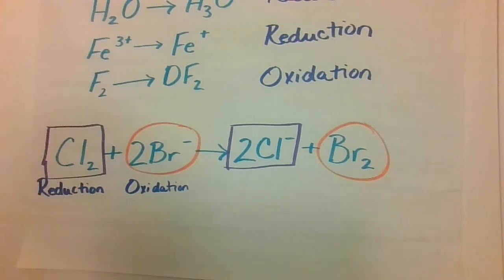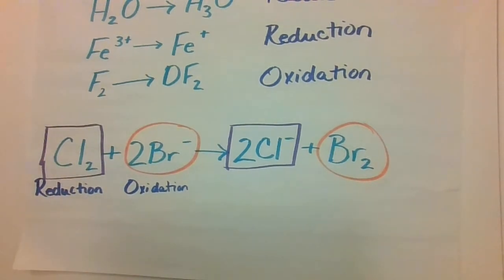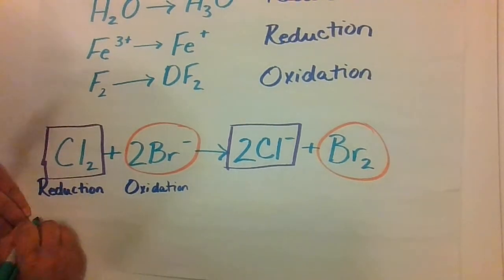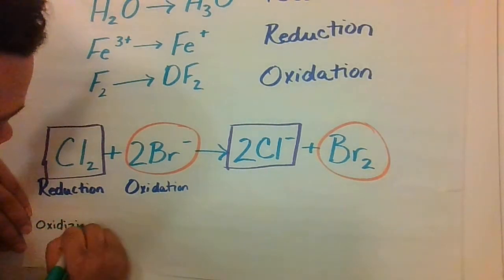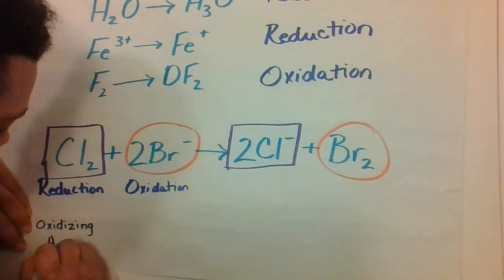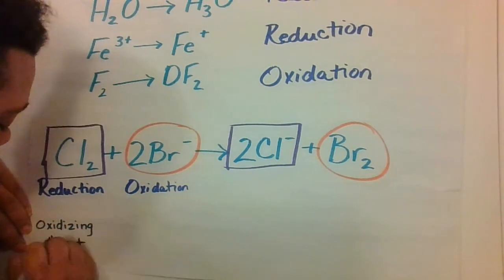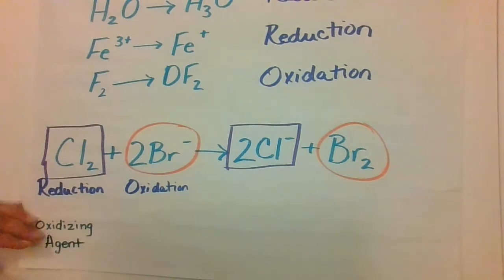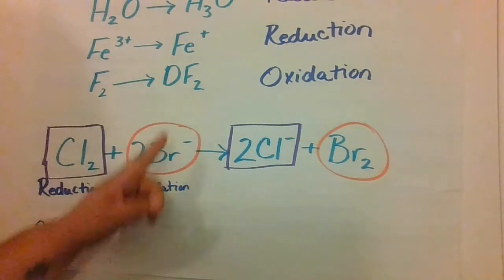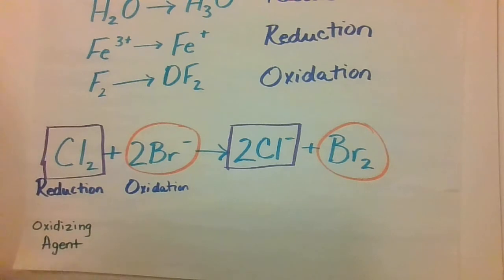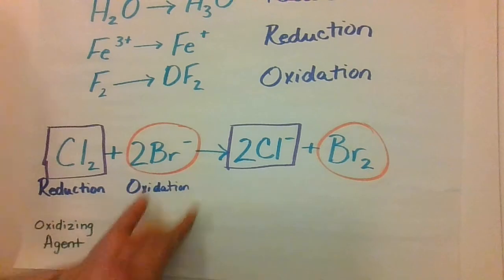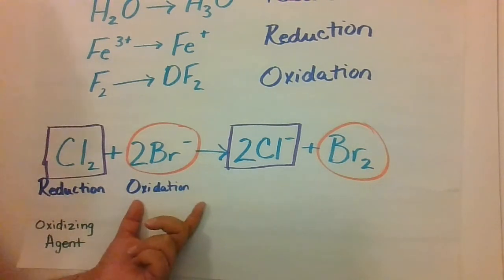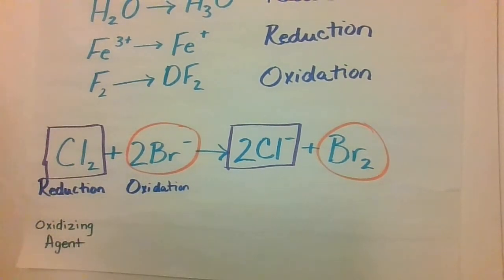So for my Cl2, even though it was a reduction, it is going to be my oxidizing agent, because of its presence, my Br negative was able to oxidize. Because Cl2 was on the field, saw what Br was doing, it aided it in being able to oxidize.